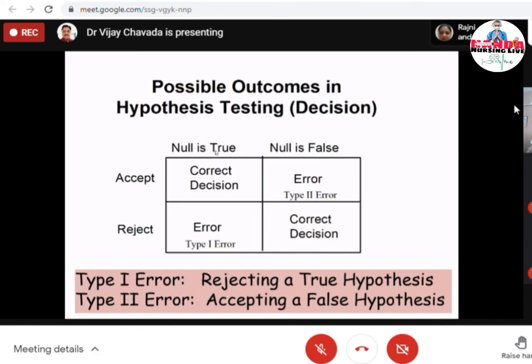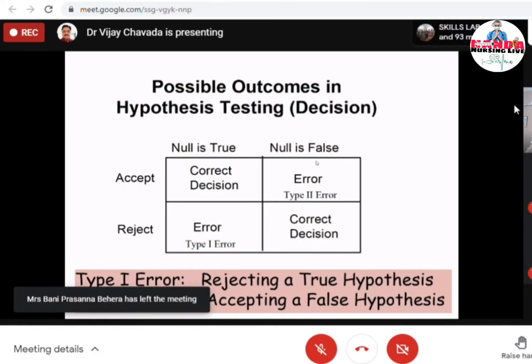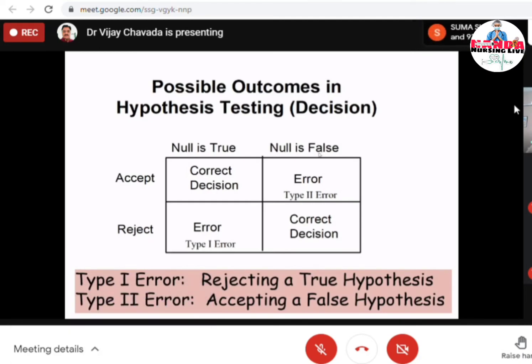When your hypothesis says there is no difference and through research you are also not getting a difference, that is appropriate. When the null is false, it means there is a difference in reality, but you are accepting the null, meaning you are accepting that there is no difference. It is an error that is referred to as a type 2 error.